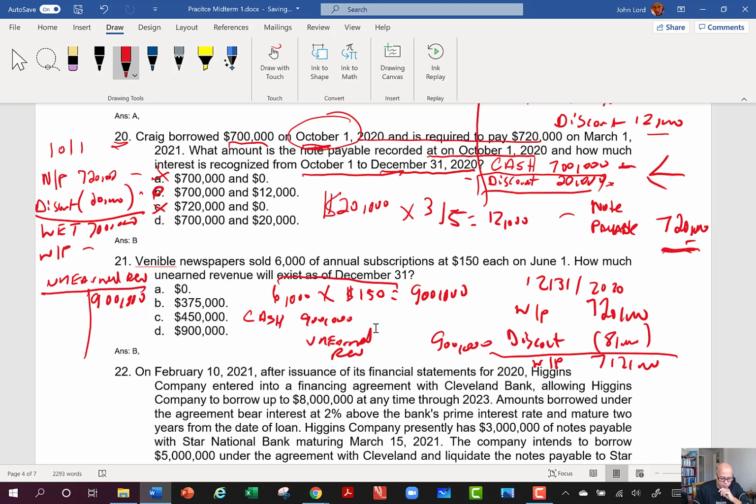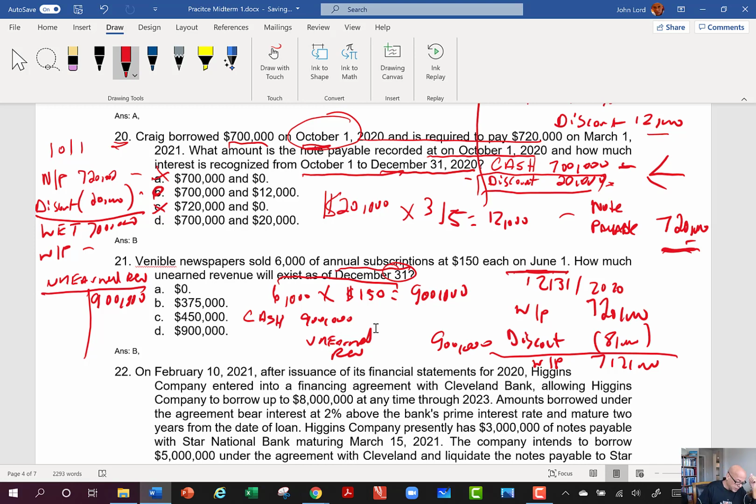Then they tell us that they sold those on June 1st, and it's an annual subscription. So what's happened? If you sold them on June 1st for an annual subscription, by December 31st, how much has been used up? They've used June, July, August, September, October, November, December.